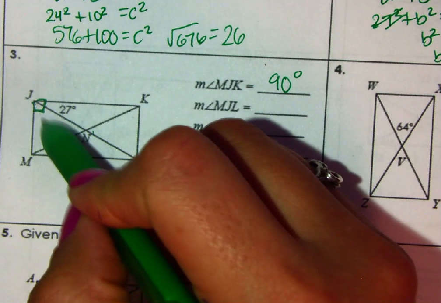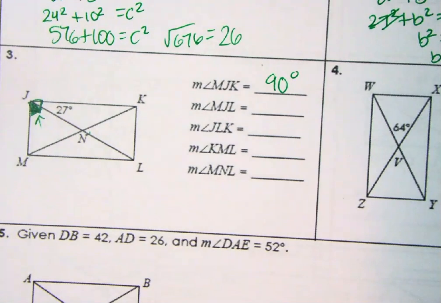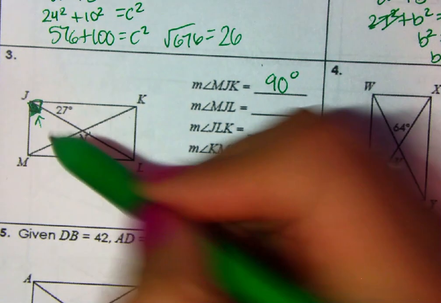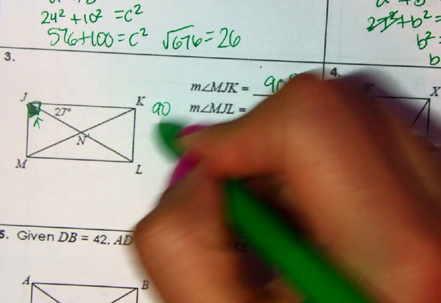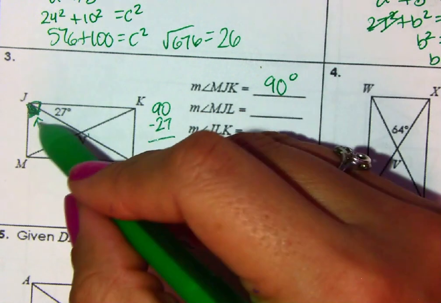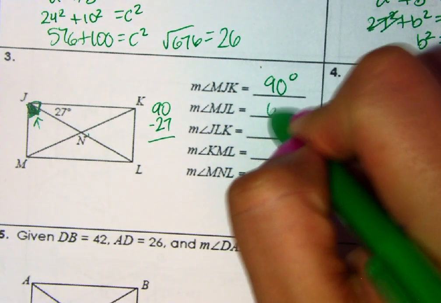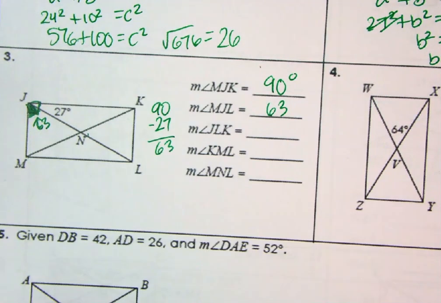MJL is just this part right here. So remember that if the whole thing is 90, 90 minus 27 will give you that missing part, which is 63. So this is 63 and that's 27.